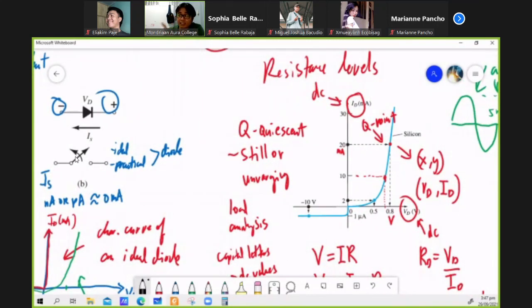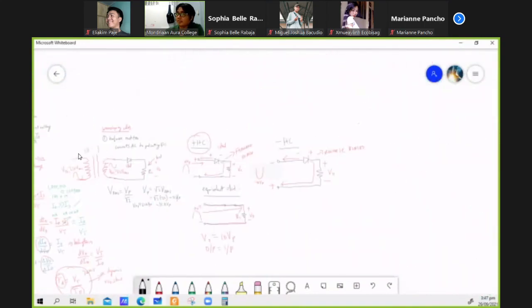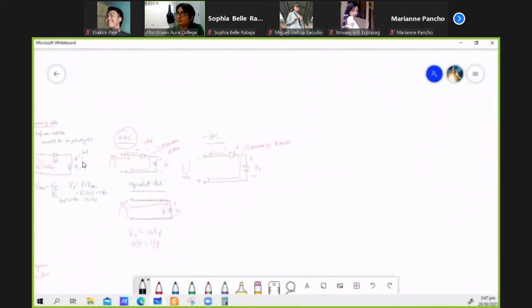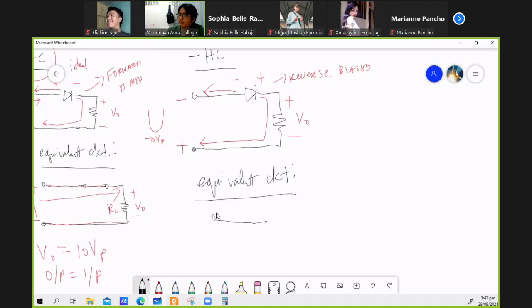So papalitan natin ng ganito yung circuit natin, no? Equivalent. So this is the equivalent circuit. So i-redraw natin siya, pero this time open circuit na siya. Pwede natin alisin na yung line. Pareho lang naman ito sa ganito.